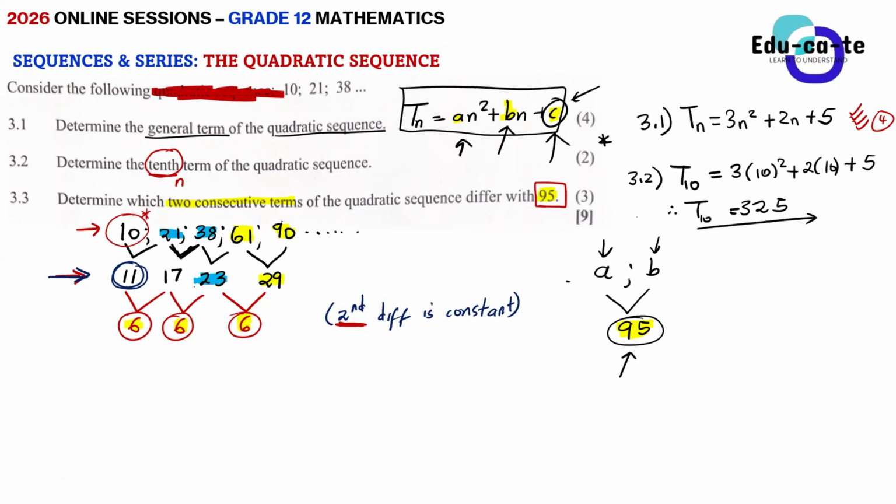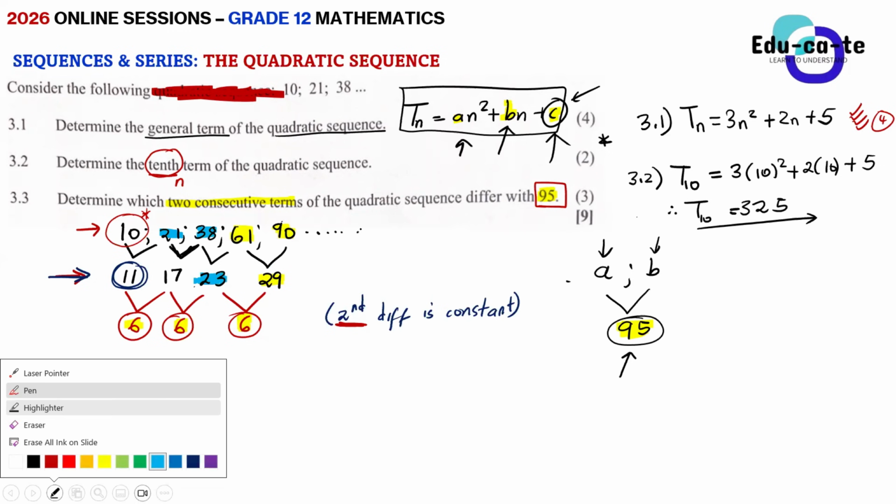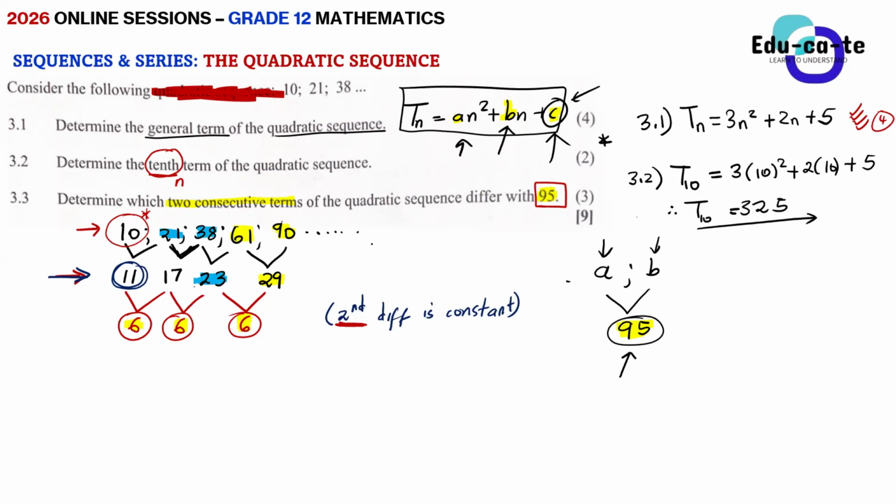So my question is, if I've got two terms that are following each other in this quadratic pattern, and their difference is 95, because the statement says determine which two consecutive terms differ with 95, we can agree, guys, that their difference, which is 95, is part of this arithmetic sequence, which is made up of the first difference.